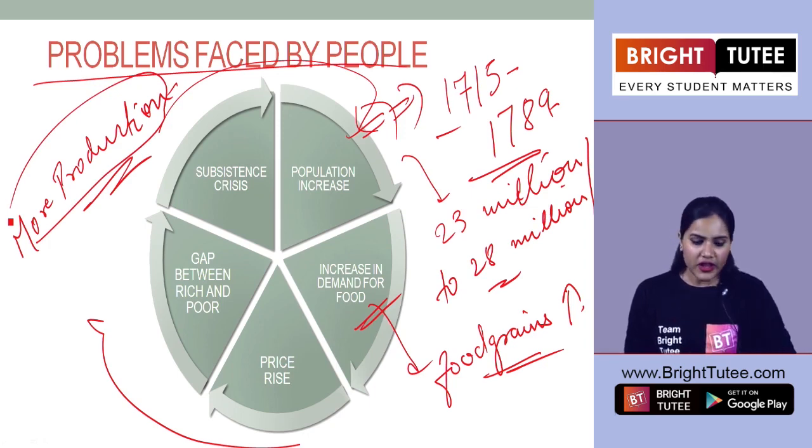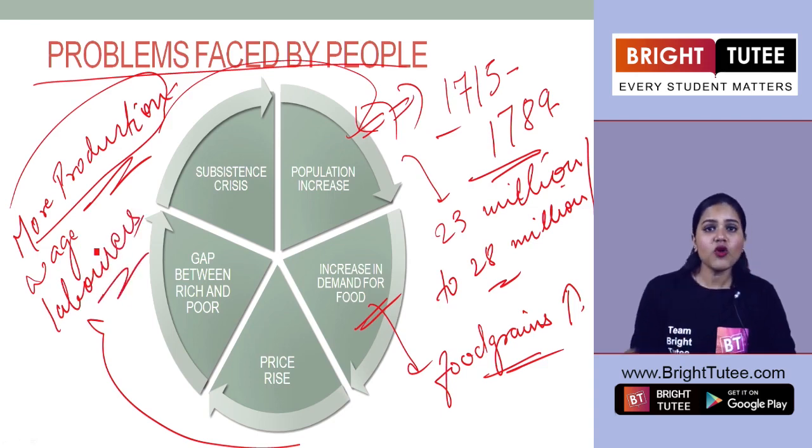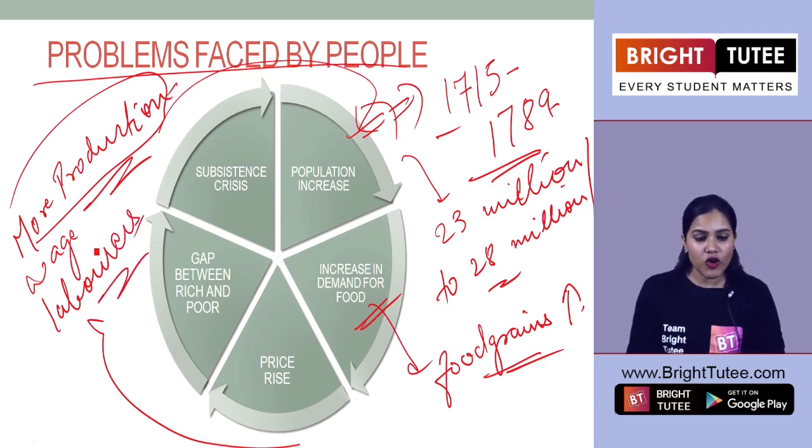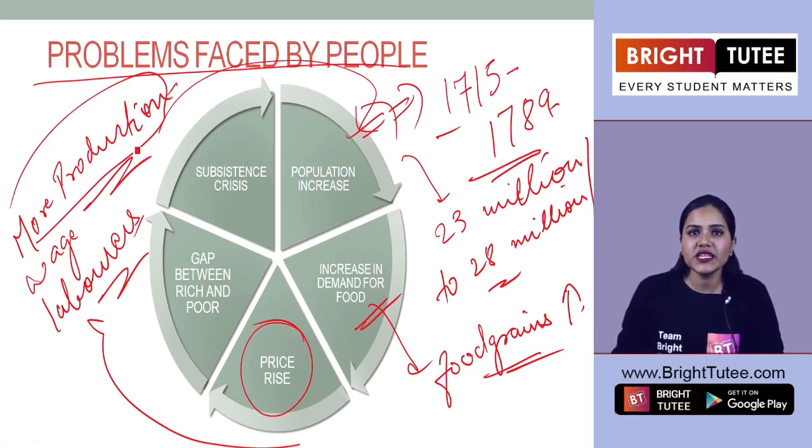So therefore, the wage laborers, right? They were also not earning a lot in order to pay for these food grains. So there is a situation of price rise in the region. The price of all these commodities increased.